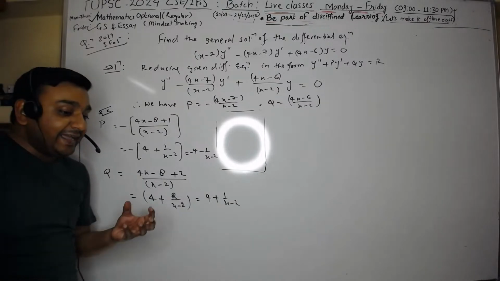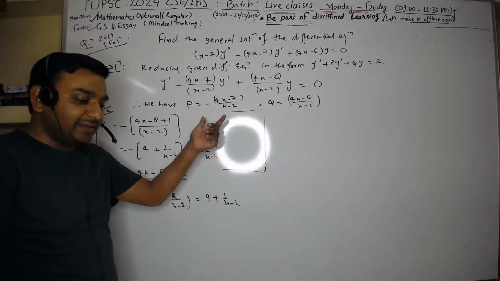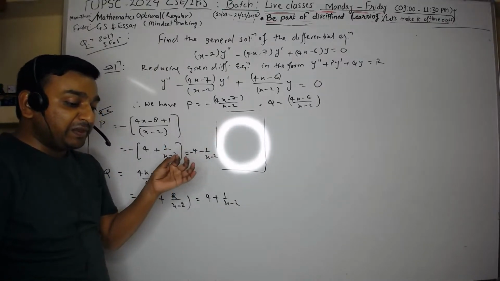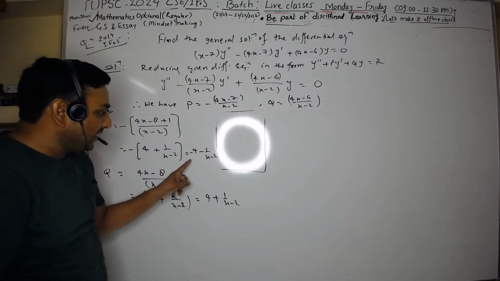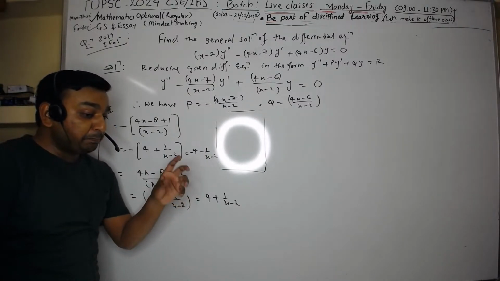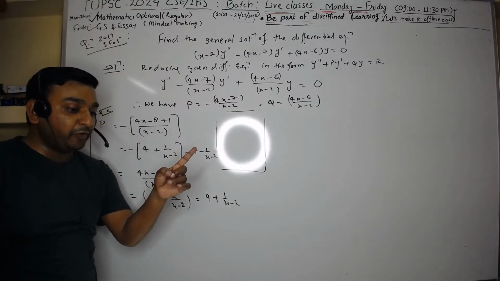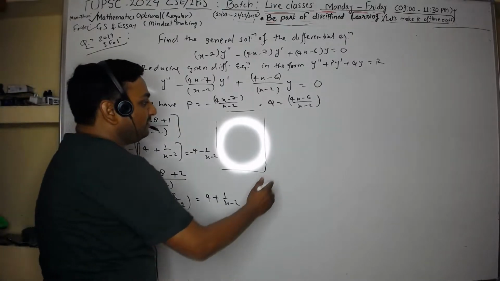So why did I have an intuition? Let's check whether 1 plus p plus q becomes 0, then I will use the inspection method. But here you can observe p plus q is becoming 0, but p plus q was not any of the forms we had yesterday. What were the forms we had?